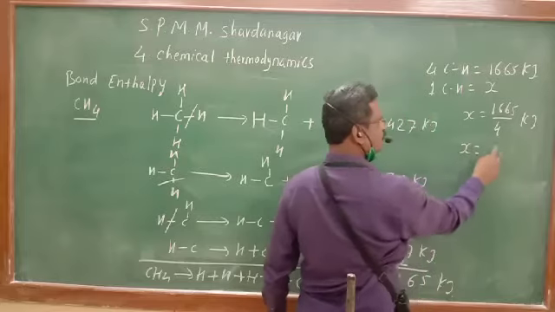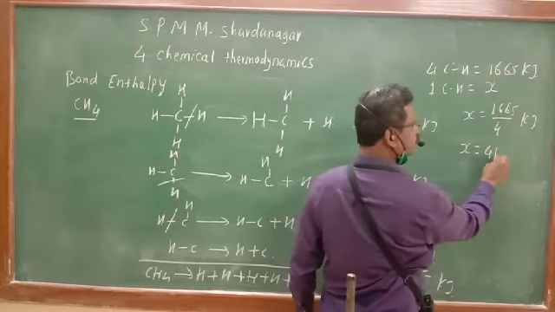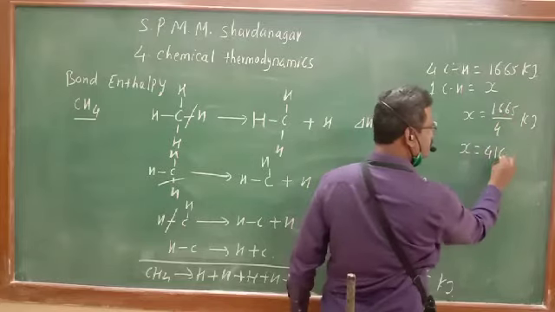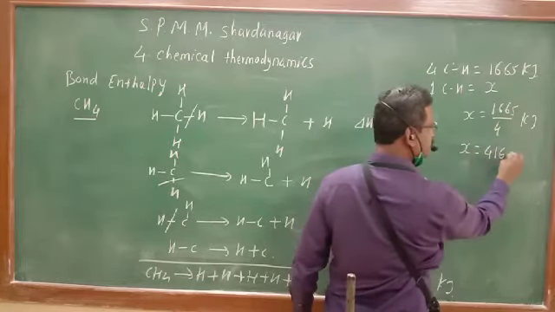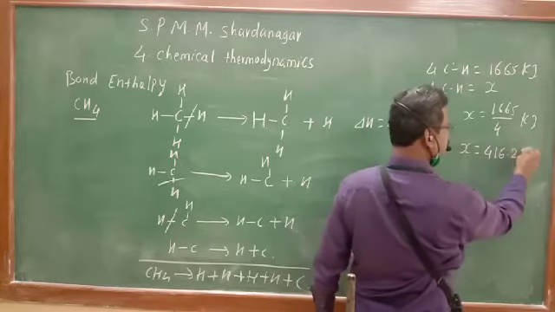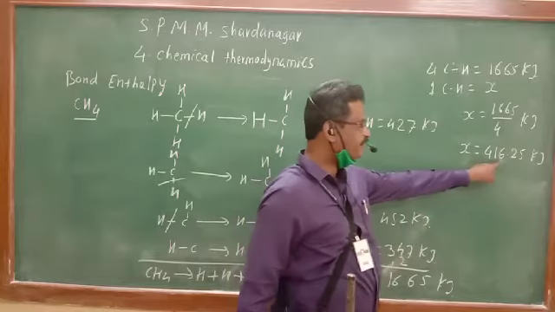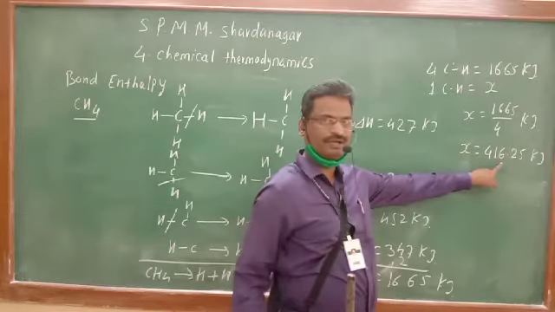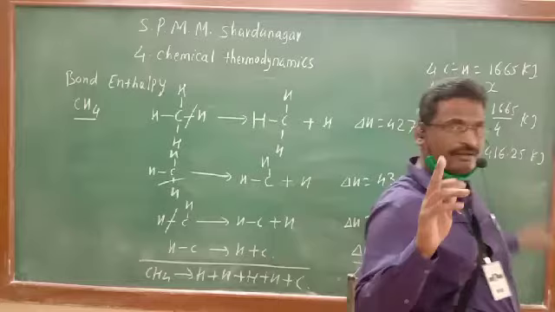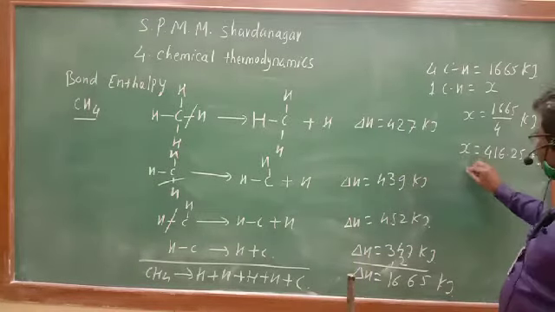Therefore, X is 416.25 kilojoule. So the bond energy is considered as this value.